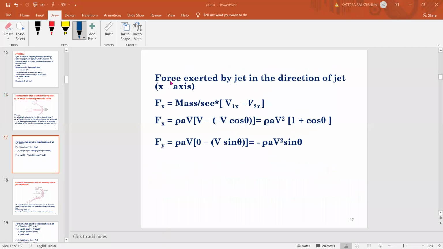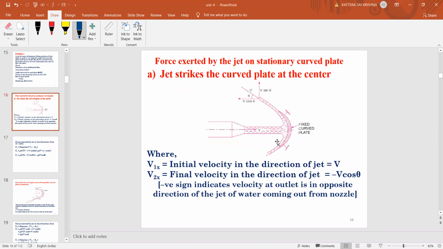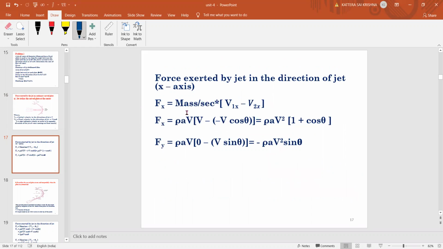Right. So already we know how to calculate the force exerted by the jet in the direction of x-axis. F is equal to mass per second into initial velocity minus final velocity. No need to remember v1x, v2x. You can remember initial velocity minus final velocity. So if you see, the initial velocity is v, the final velocity is minus v cos theta, right? So rho a v is the mass per second. Already we know how you got this, rho a v, mass per second.